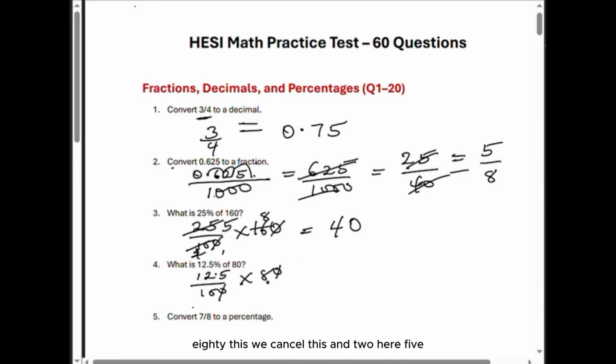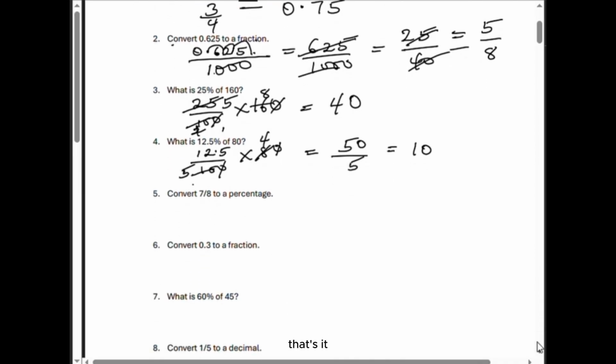This, we cancel this, and 2 here, 5, 2 here, 4. You can say 12.5 times 4 equals what? 50 over 5, which will make 10, right? That's it.